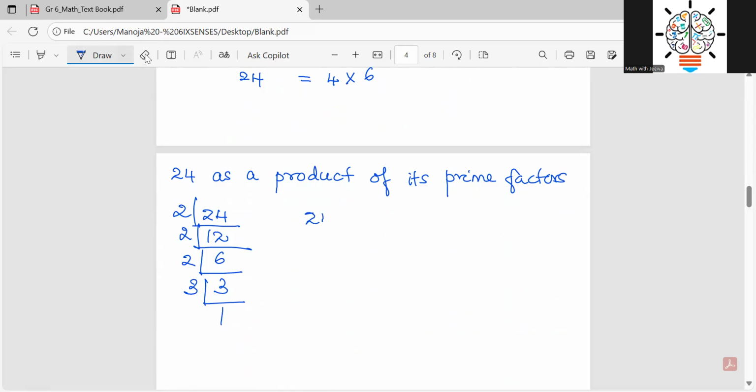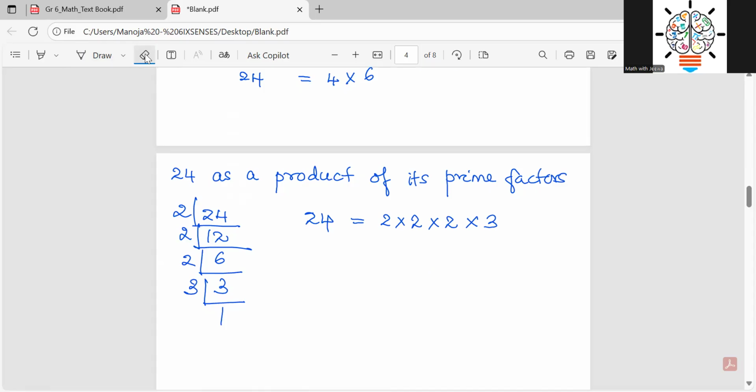So you can write 2 times 2 times 2 times 3. You don't want to show all the intermediate steps, otherwise it will be confusing, right? So you can multiply and get the answer. 2 times 2, 4, 4 times 2, 8, 8 times 3, 24, right?